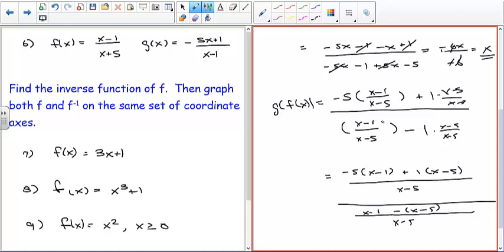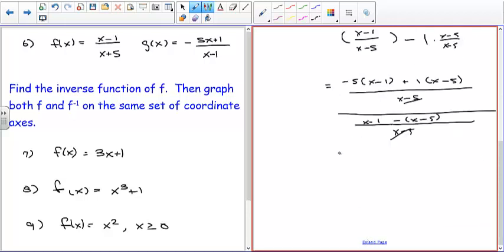So these combine together. You see those cancel out. So in the numerator I'm going to distribute these things out, so we get negative 5x plus 5, plus x minus 5, all divided by x minus 1 minus x plus 5. So this negative makes that minus, this negative makes that plus.